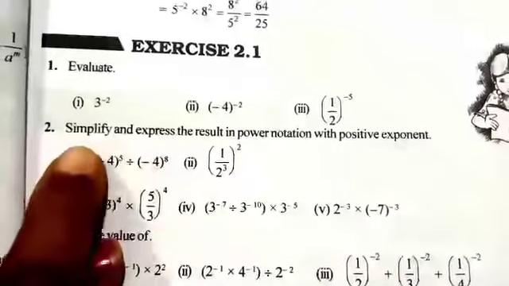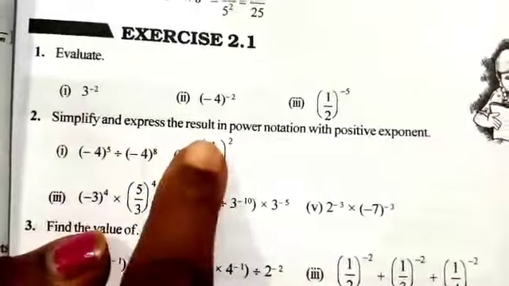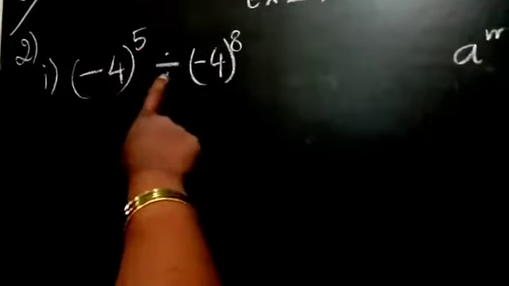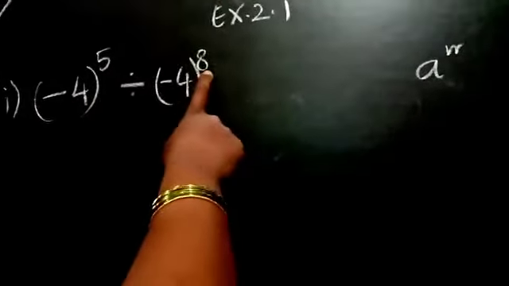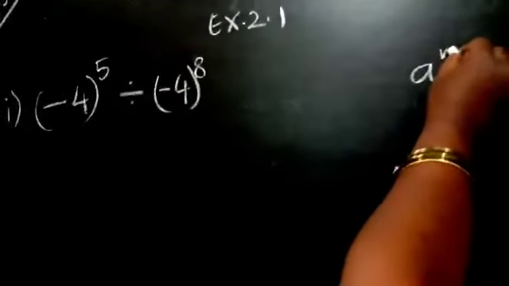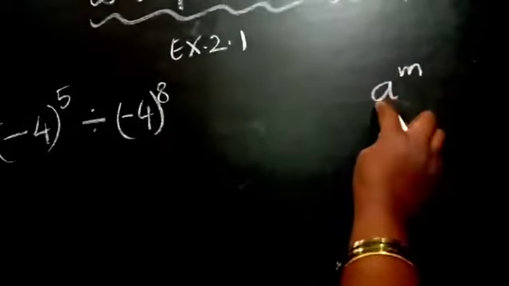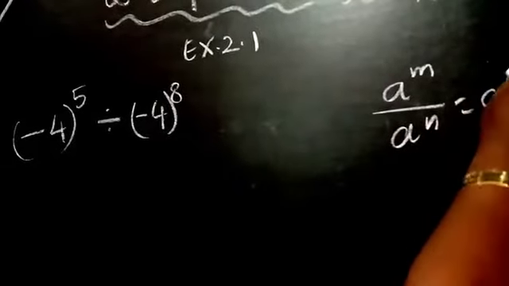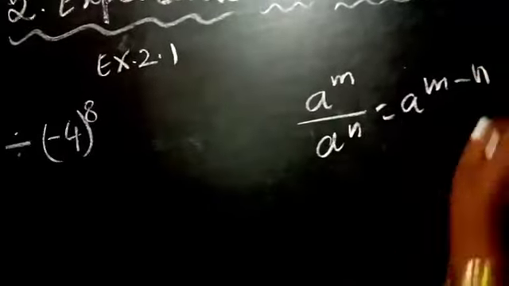Second part: simplify and express the result in power notation with positive exponent. First question: minus 4 to the power of 5 divided by minus 4 to the power of 8. We know the formula a power m divided by a power n is equal to a power m minus n.